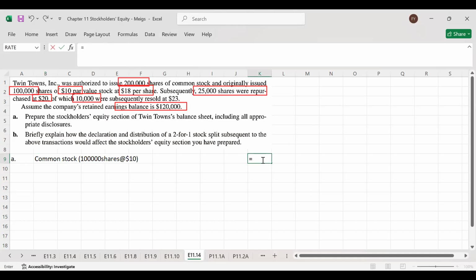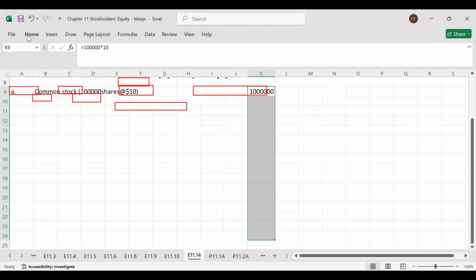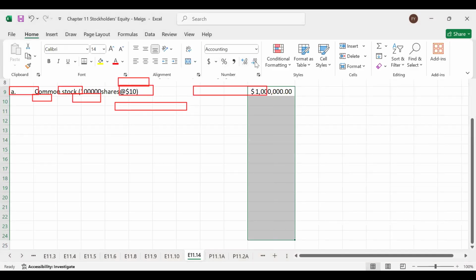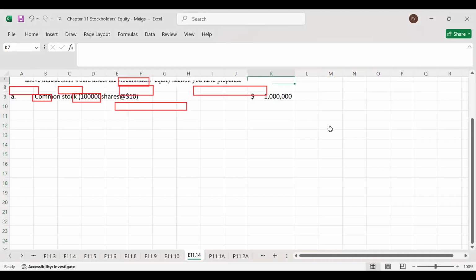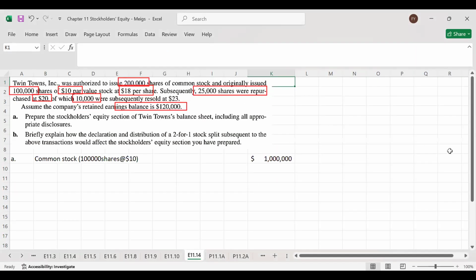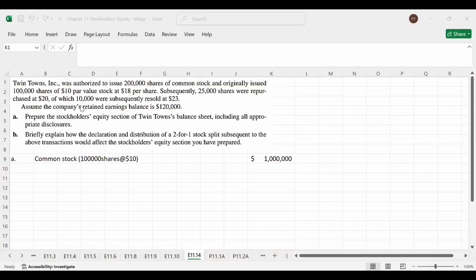You can see 100,000 multiplied by the par value, which is $10. So here we are going to calculate all the amounts in dollars. Whereas the $10 share was sold at $18, so $8 would be the additional paid in capital, or the premium.